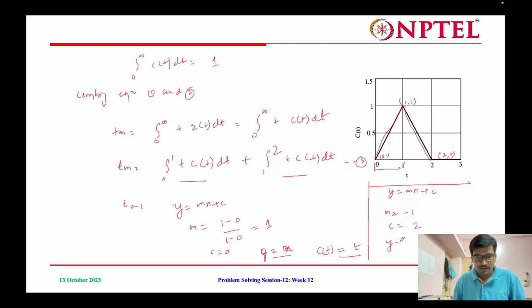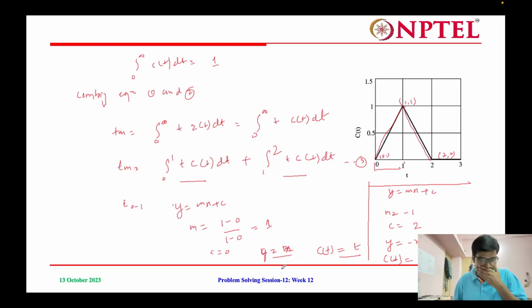So y equals minus x plus 2, and based on this data, Ct equals minus t plus 2, that is 2 minus t.